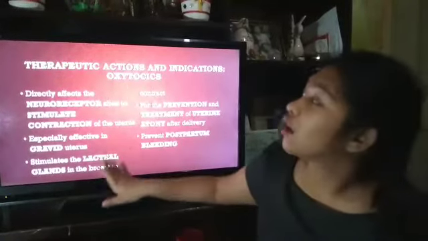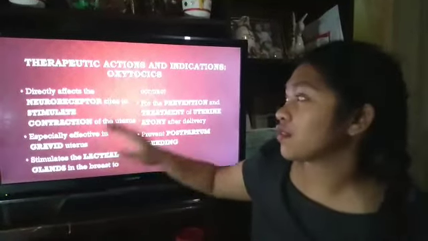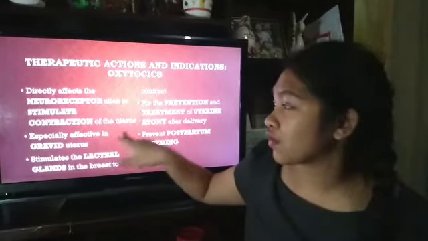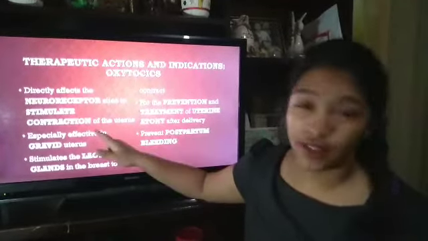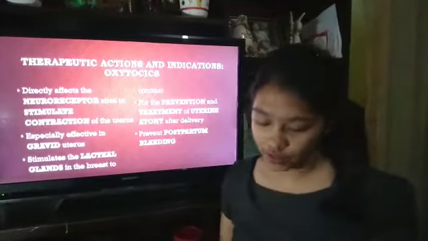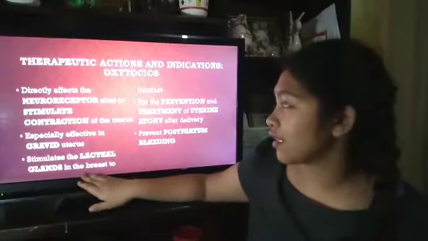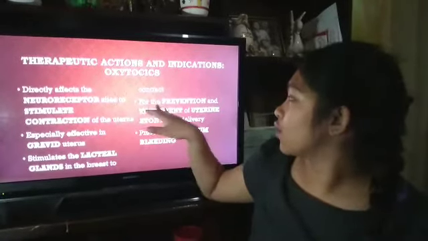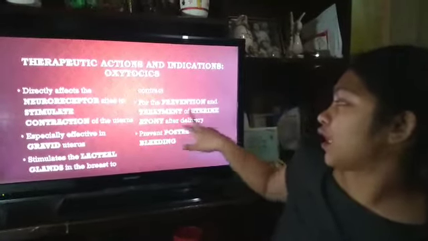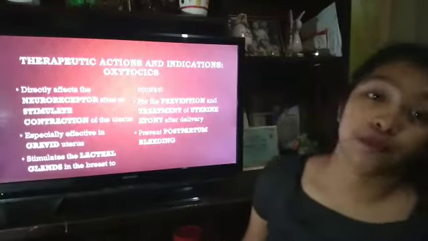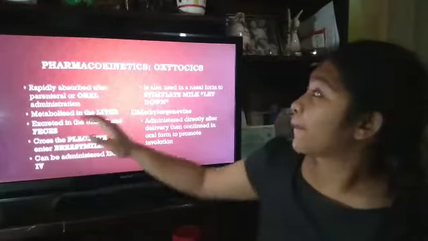Therapeutic actions and indications: it directly affects the neuroreceptor sites to stimulate contraction of the uterus. This is effective in pregnant women, and it stimulates the lacteal glands in the breast, and is also used for the prevention and treatment of uterine atony after delivery, and to prevent postpartum bleeding, of course.